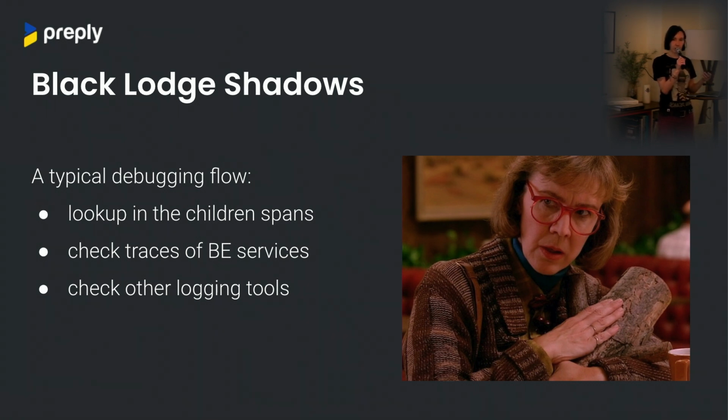Sometimes they contain more information about the error. Or one could go to the APM of that backend service directly, because it might be more convenient to check error spikes there as well. Or just use some other tool like Sentry or Kibana and try to map the logs or errors to your concrete incident.